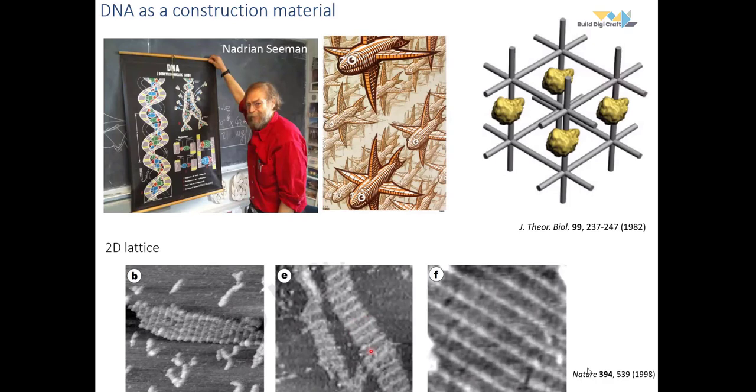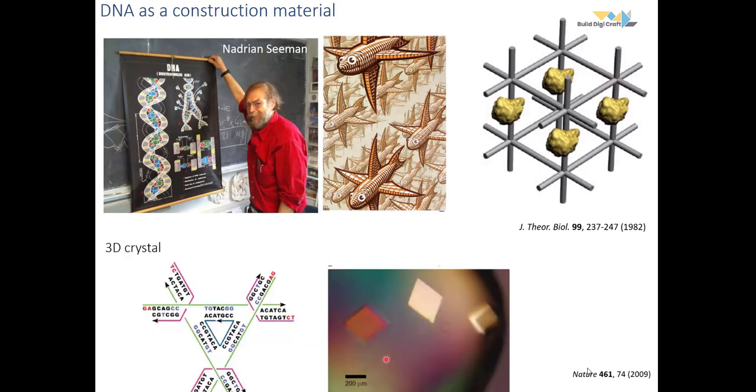And at that time, it was impossible to structure materials, any materials, in a periodic fashion with this kind of spatial precision. But again, it took them around 17 years from the original idea just to get to the two-dimensional lattices. And at the end, they actually managed to build three-dimensional crystals out of DNA.